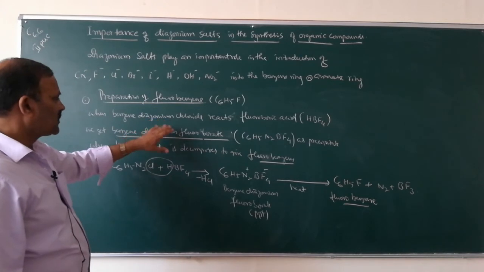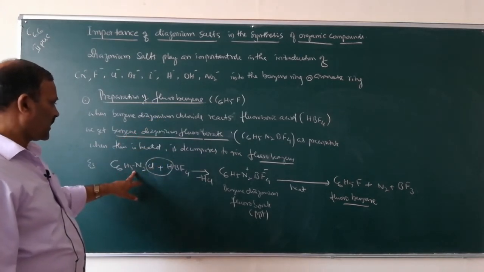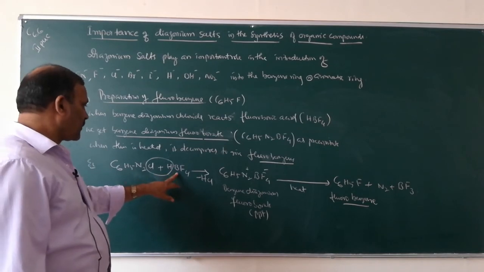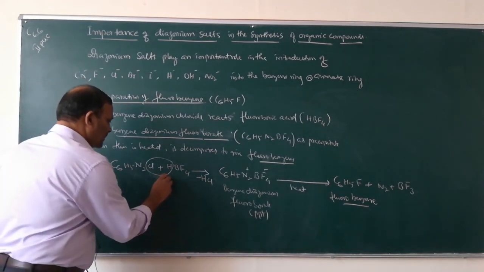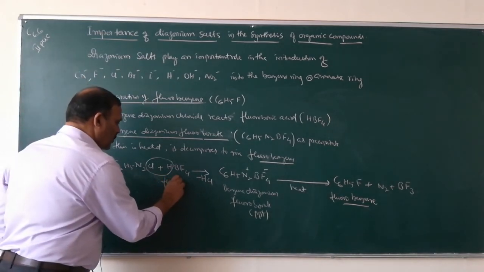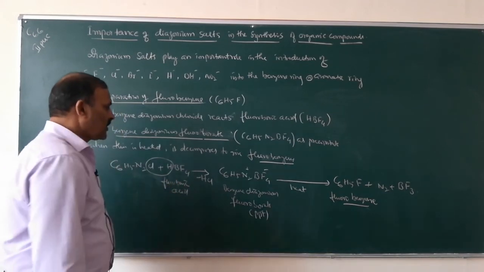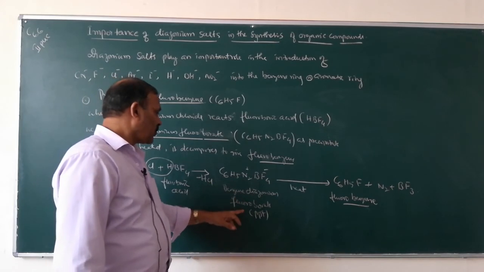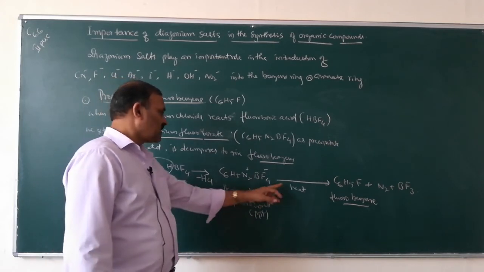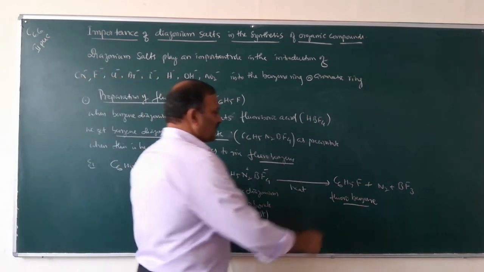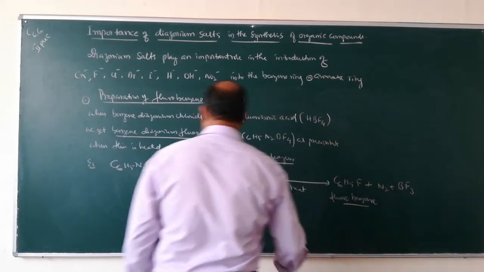When benzene diazonium chloride reacts with fluoroboric acid, you will get benzene diazonium fluoroborate precipitate. This on heating you will get fluorobenzene plus N2 plus BF3.